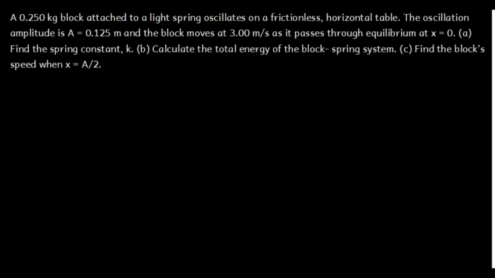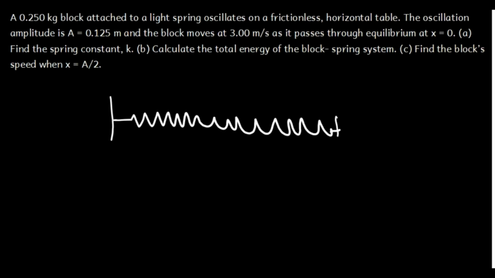Now let's say we have a spring. Here is our spring. Now we are trying to stretch this spring all the way to this point. So we know that we are going to have the mass, which is going to be here. Let's say that this point is our equilibrium. So at equilibrium, x is always 0.